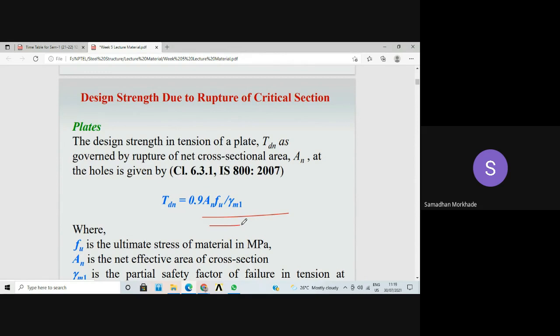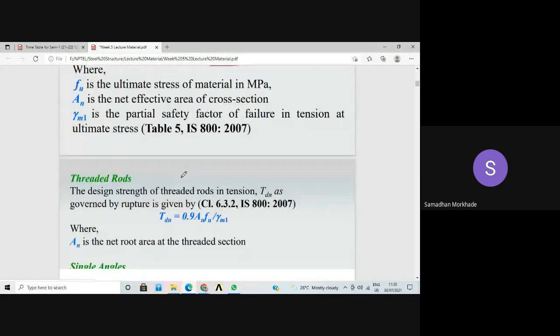Therefore, Anc and Ago come into the picture: Anc is the net area of the connected leg, and Ago is the gross area of the outstanding leg.